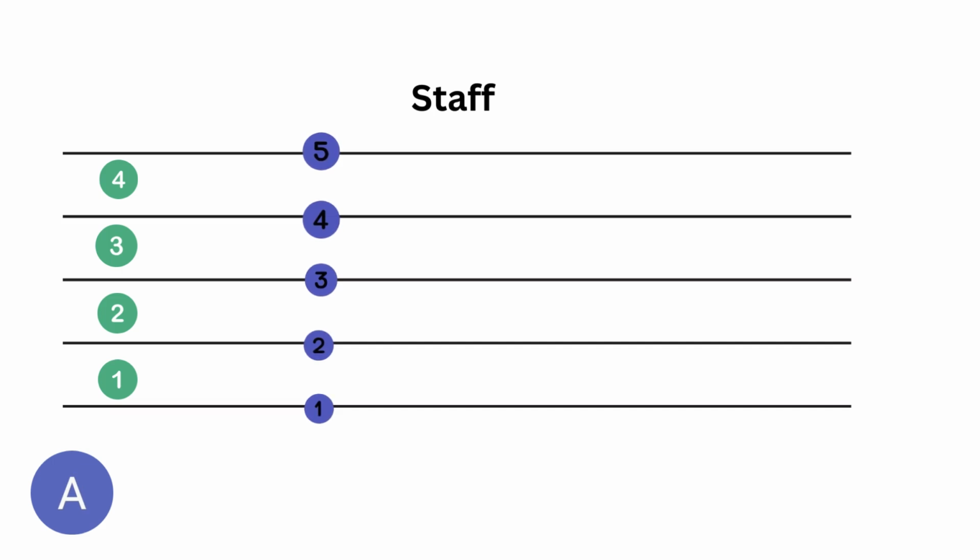So if we look in the green, we have 1, 2, 3, 4 spaces. And then if we look at the purple numbers, we have 1, 2, 3, 4, 5 lines. So let's hop on over to the next slide and learn about the spaces.